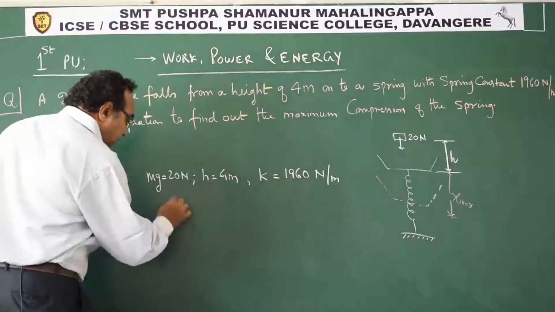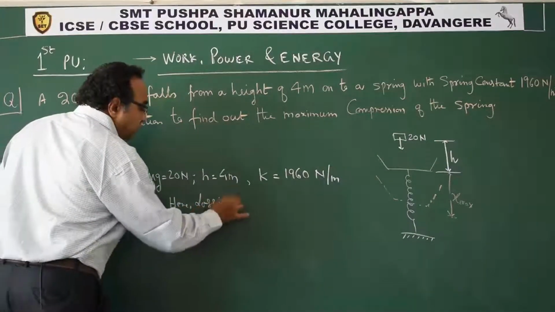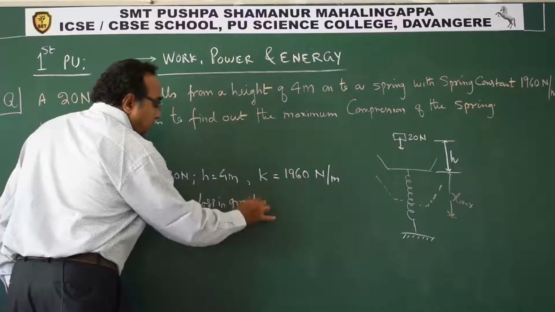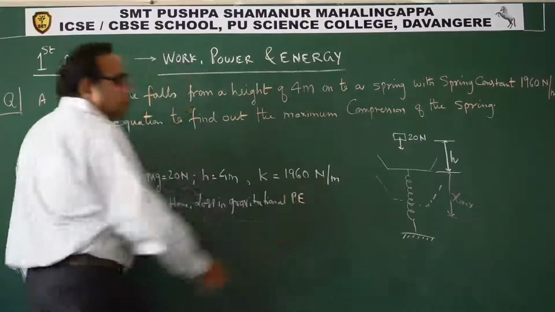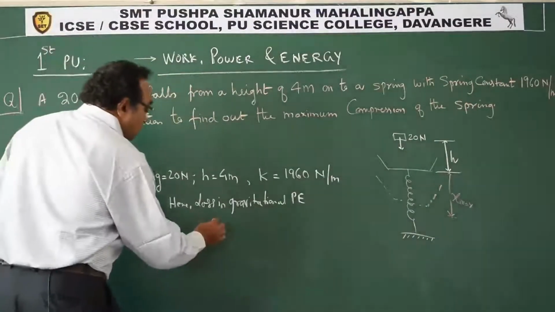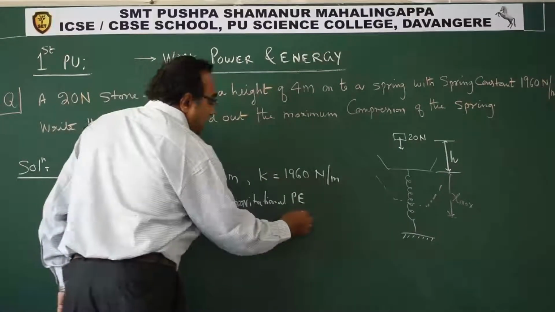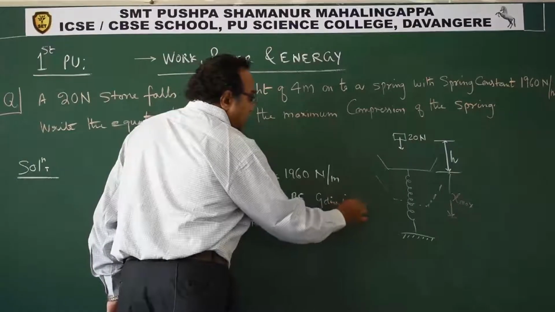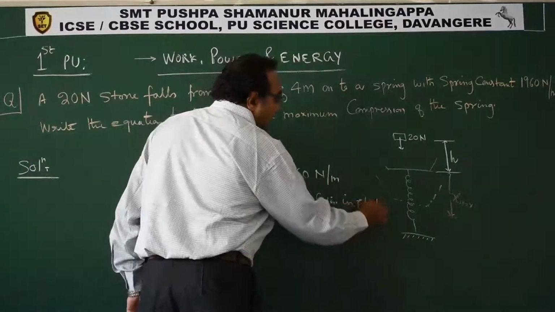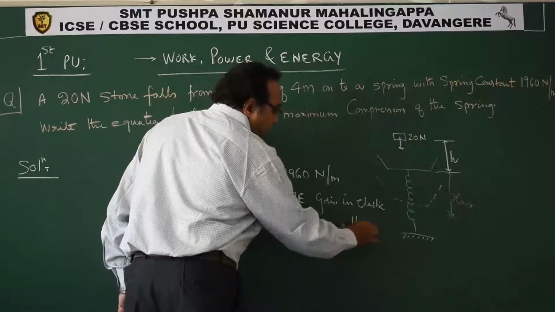So what we can say here, loss in gravitational potential energy of the stone is equal to gain in elastic potential energy of the spring.